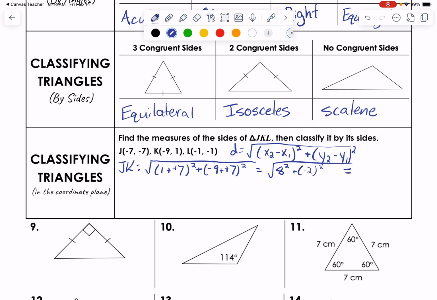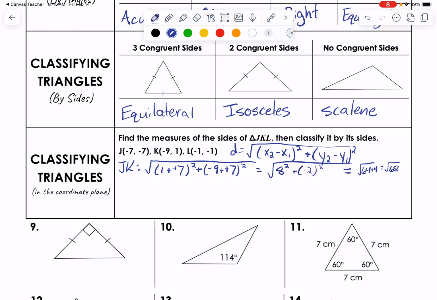Now, be careful when you type this into your calculator. If you type without the parentheses, it's going to think you want to do 2 squared and then make it negative. But no, when we square a negative number, we get a positive. So you want to either just put this in the parentheses or just lose the negative and do 2 squared. So this will be the square root of 64 plus 4, which is the square root of 68.